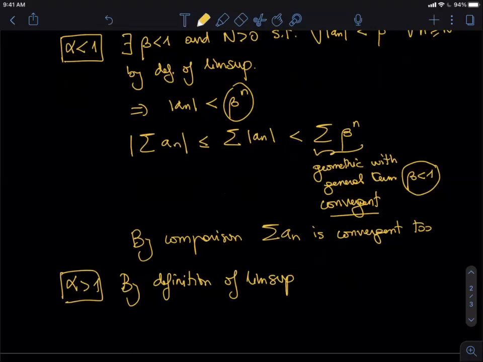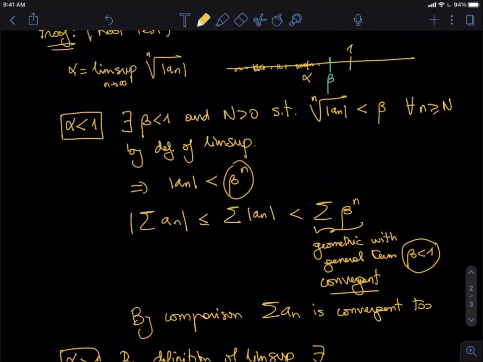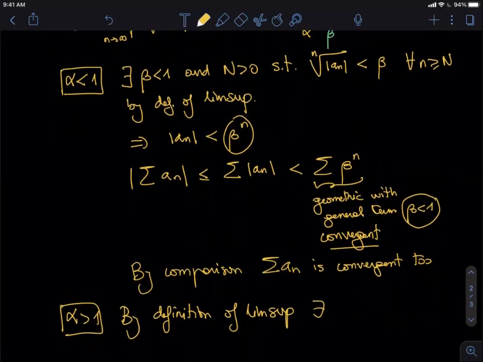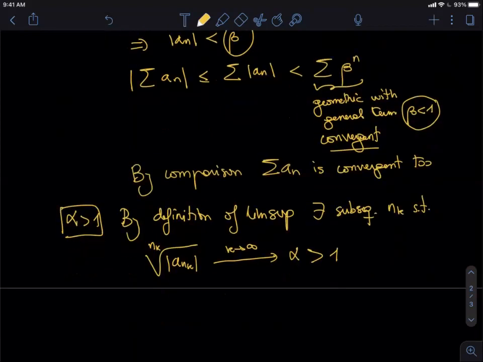Because if the lim sup is bigger than 1, that means that there exists some subsequence nk such that the nk-th root of the absolute value of a sub nk converges to alpha, which is bigger than 1.